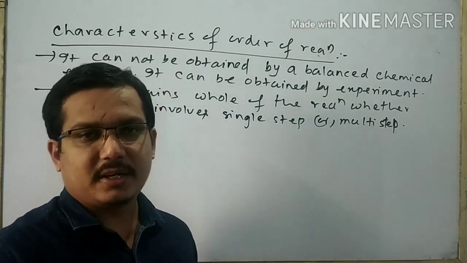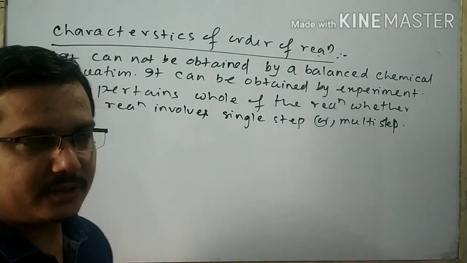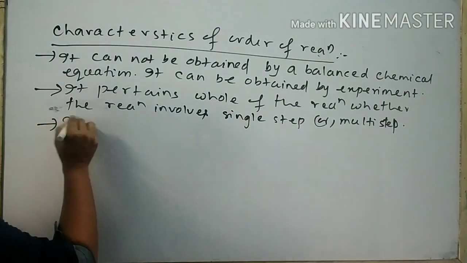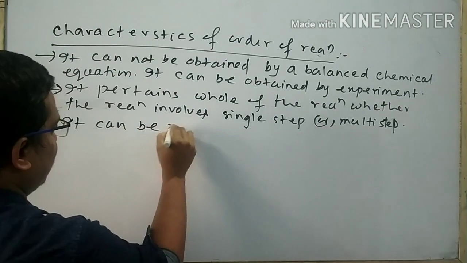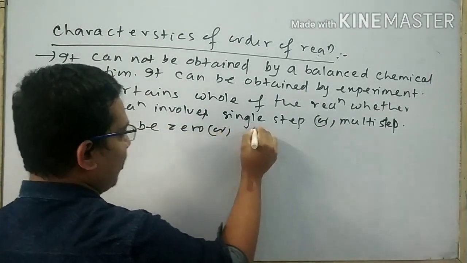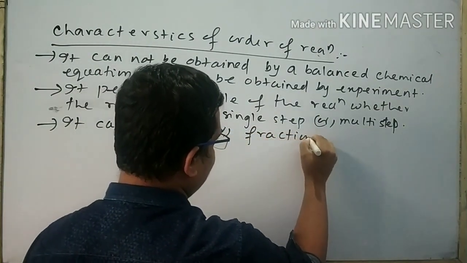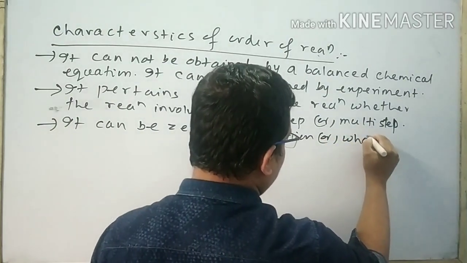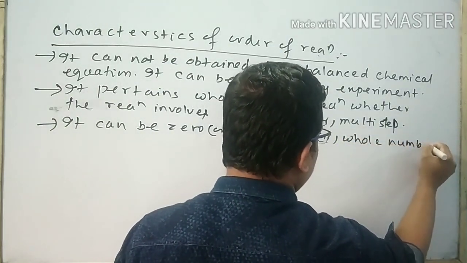Order of reaction can be 0, whole number or fraction. So we can write, it can be 0 or fraction or whole number.